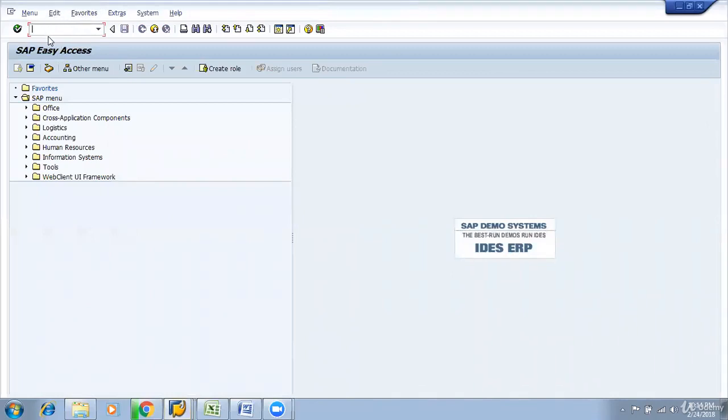As we discussed yesterday, configuration is done in display IMG, not in SAP ECC. So let's head to the display IMG using the T code SPRO. I paused, not because I didn't know the T code, but because you should remember what the T code was, and try to guess it.